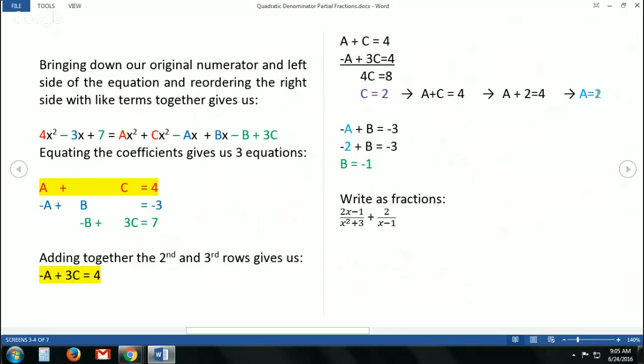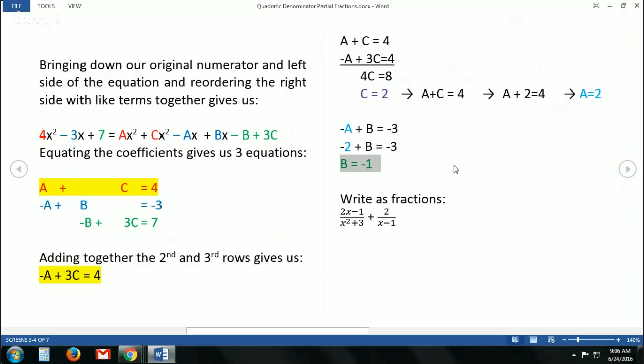Our a is 2, so let's take 2 and put it in the place of this a. That gives me -2 plus b equals -3. Let's add 2 to both sides. Adding 2 tells me that b is -1. So now I know my values for a, b, and c.